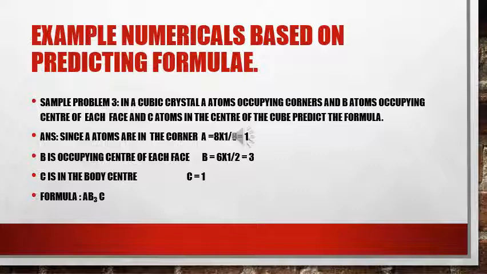So how are you going to write? A is equal to 8 into 1 by 8. 8 and 8 will get cancelled. So A is equal to 1. B is occupying the center of every face. 6 into 1 by 2, so it is 3. C is in the body center, that is C is equal to 1. And what could be the formula? AB3C is the formula.